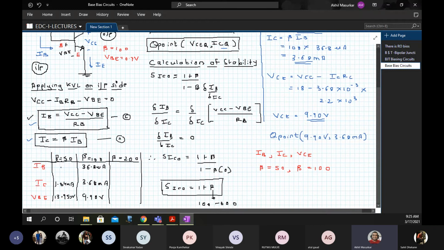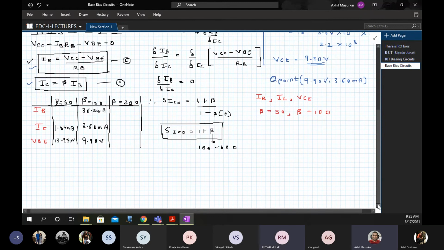What about this IB? Sir, it will be the same. IB is the same, correct. So this will be 36.8, because you can see IB does not depend on the value of beta in case of base bias circuit.